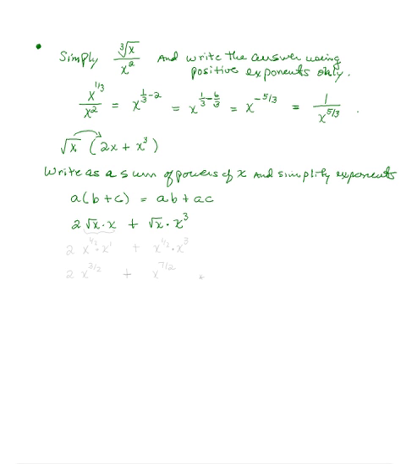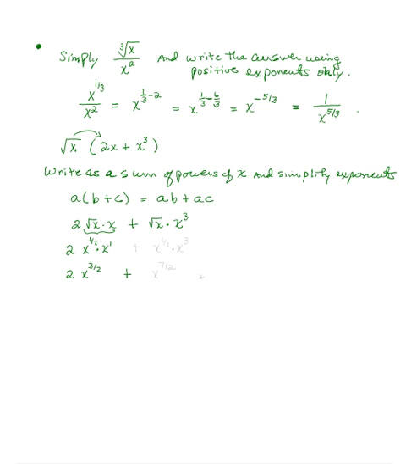Now, at this point, we can apply the rules of exponents. When you have square root of x multiplied by x, that's the same as x to the 1/2 multiplied by x to the 1. And so that will be the same as x to the 1/2 plus 1. Again, 1 is 2/2, so 1/2 plus 2/2 is 3/2.